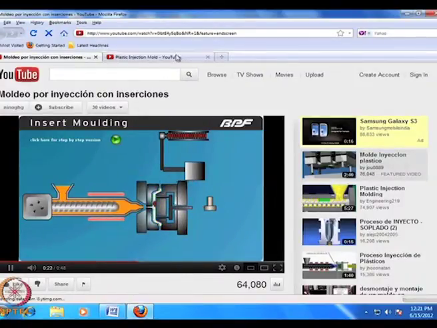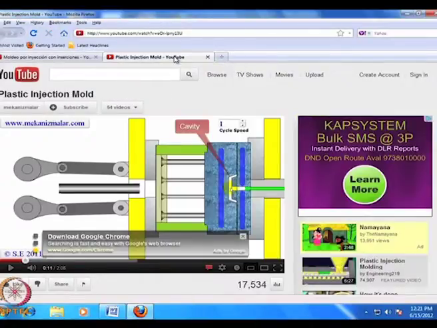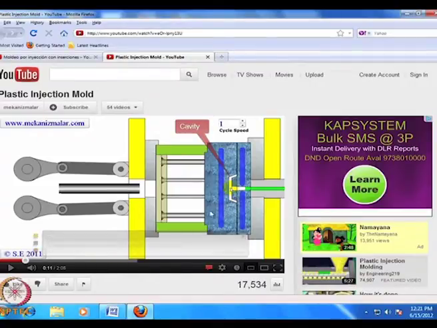Whereas in this one, I would have to change the entire die design. That is one problem I have with such machines.